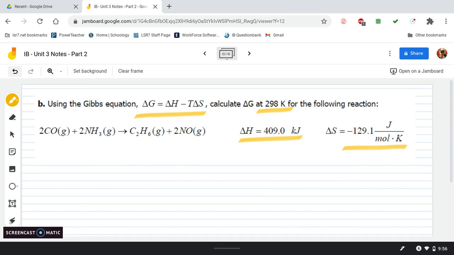So the only thing we've got to worry about is this unit. We're going to have to convert that. Everything else is pretty straightforward. So I'm going to take my delta S, that's going to equal negative 129.1, and that's joules. Then I'm going to convert that into kilojoules.